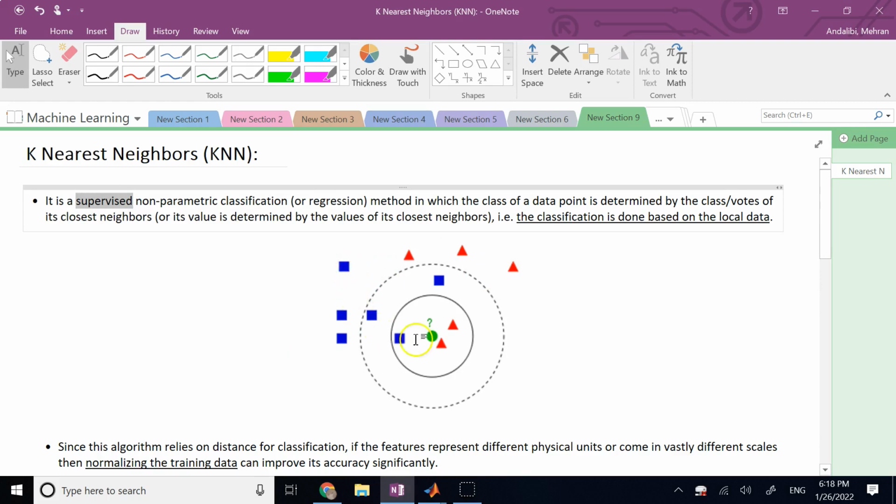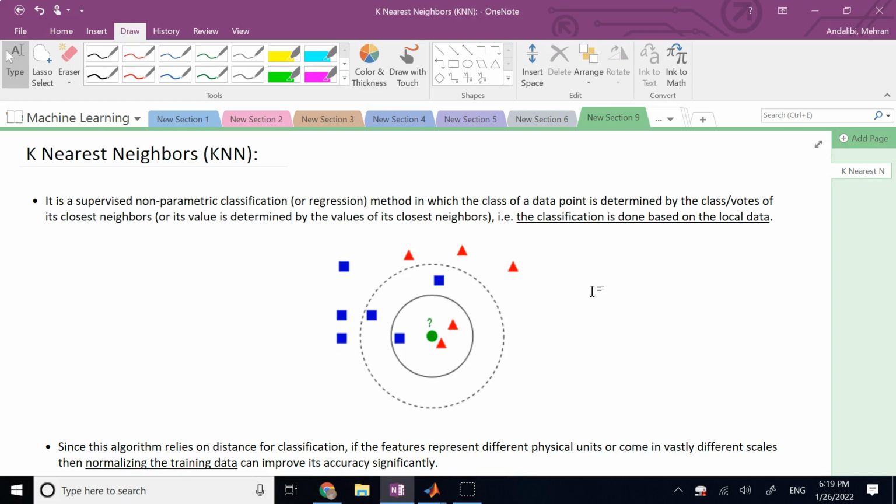So when you have any data, you know what class it belongs to, if you use it for classification, or what its value is if you want to do regression. So it's definitely a supervised method, and it's non-parametric, meaning when you do the classification or regression, you are not assuming any model and you are not going to find any parameter for it.